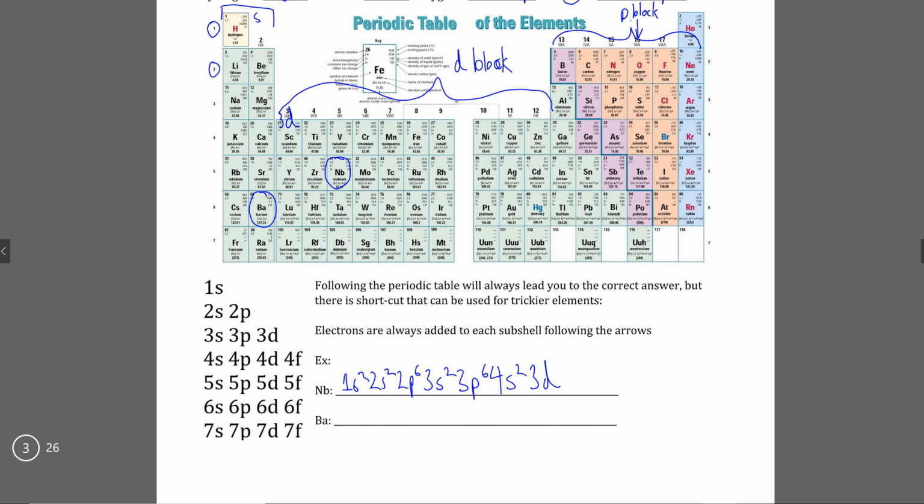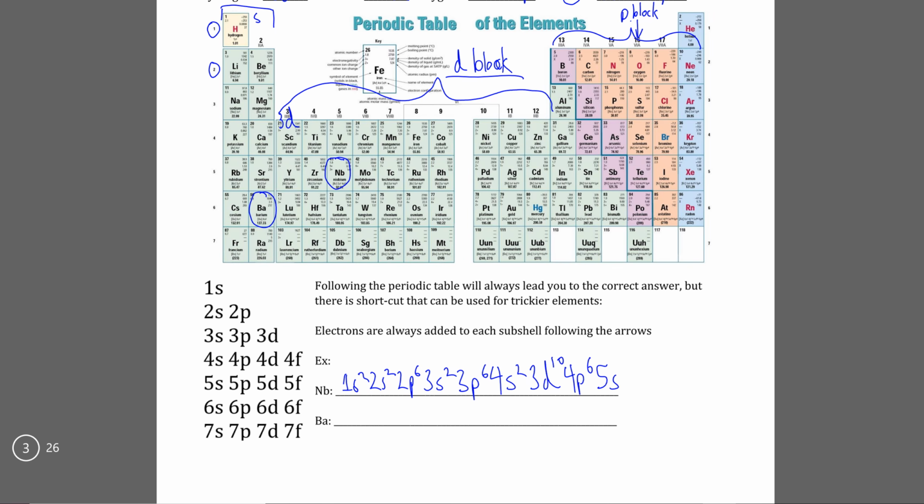We remember that a D subshell can hold 10 electrons, so 1, 2, 3, 4, 5, 6, 7, 8, 9, 10. The entire 3D subshell is full, and if we go over to the 4p subshell, 1, 2, 3, 4, 5, 6, they're all full. 4p6. Come down to energy level 5.